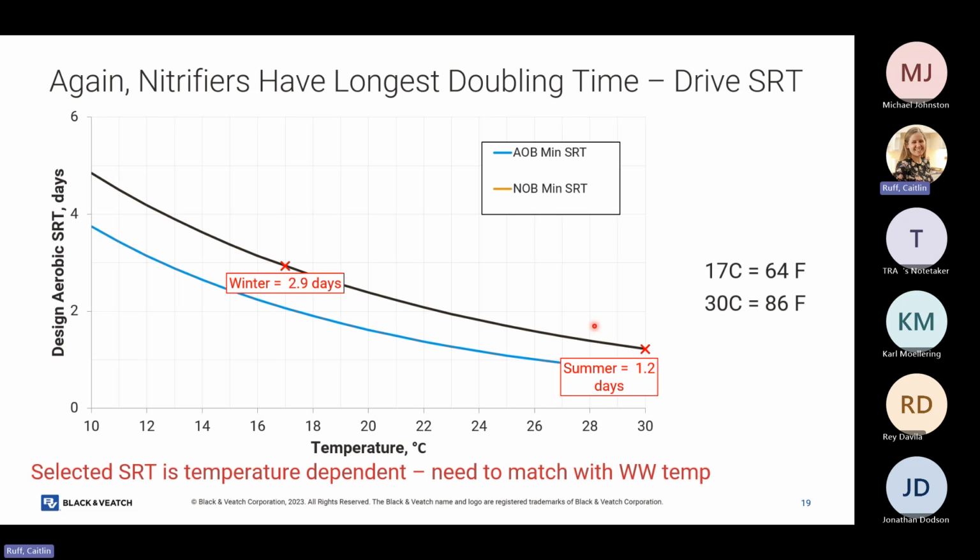So when we're thinking about our nitrifiers, we have to consider our SRT, temperature, pH, and aeration. Temperature and SRT kind of go hand in hand, but those are some considerations we need to think about.